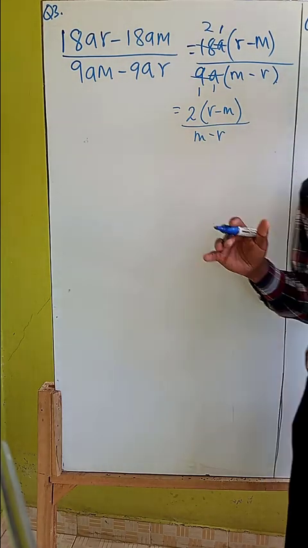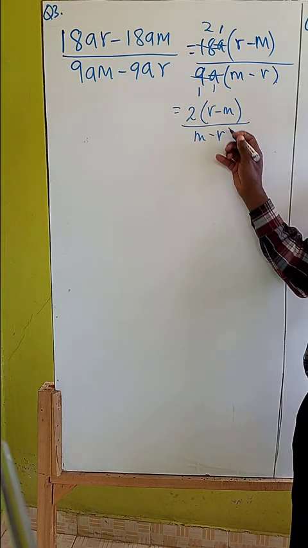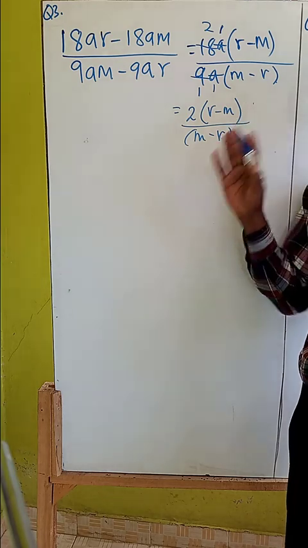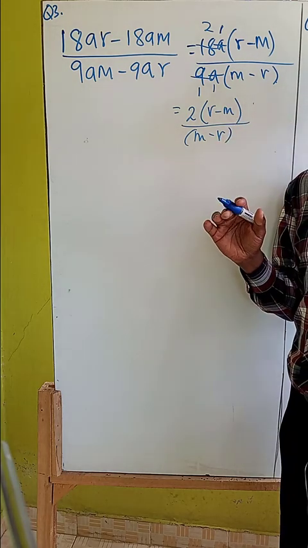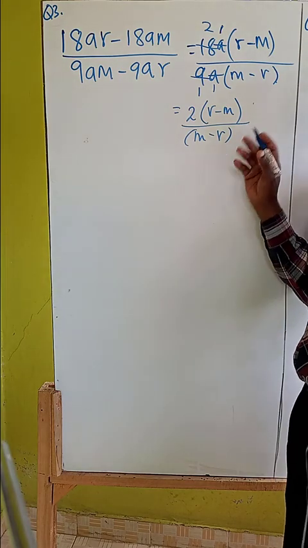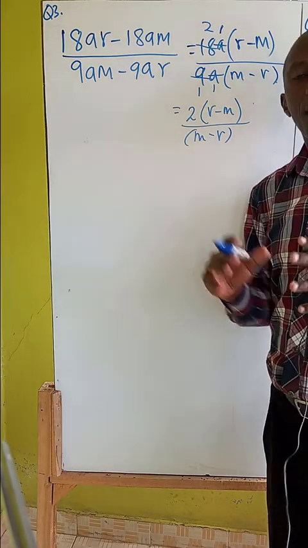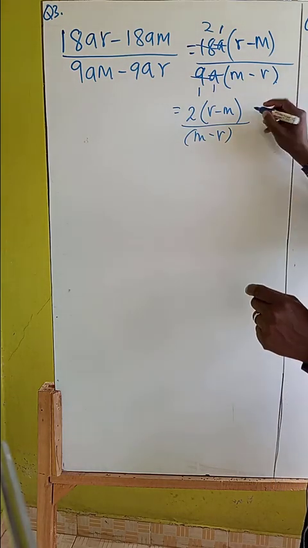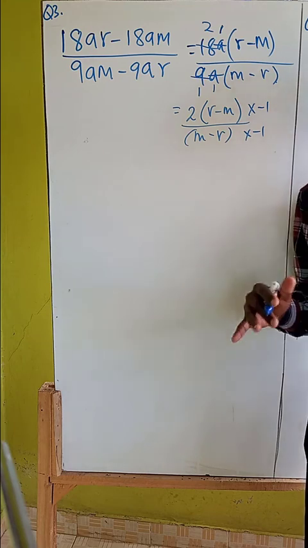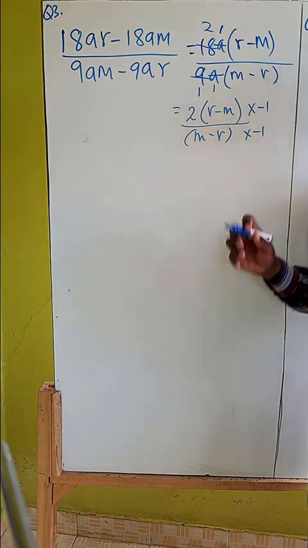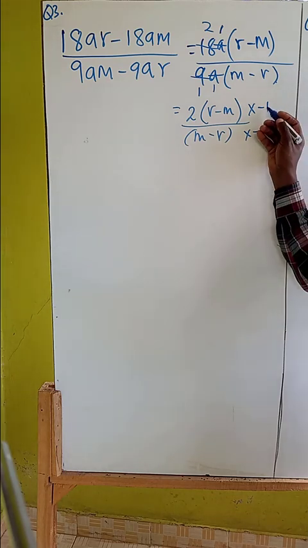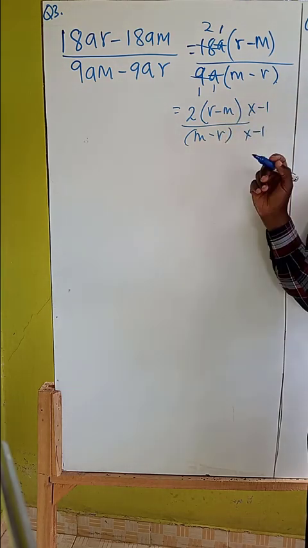However, viewers, we cannot divide out because these two terms, in the way they have been put, are not like terms. So what do we do? We make them like terms by multiplying by a -1 in both the numerator and the denominator. However, we choose one of them whereby we shall put the -1 inside the bracket.